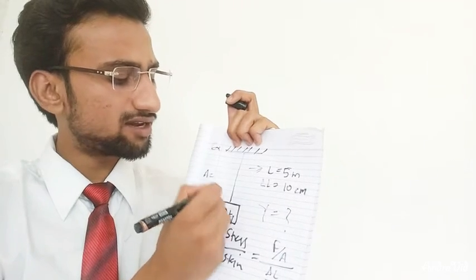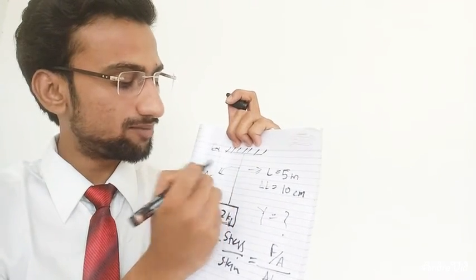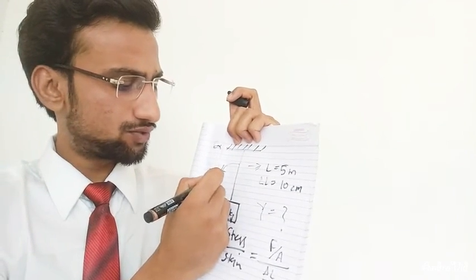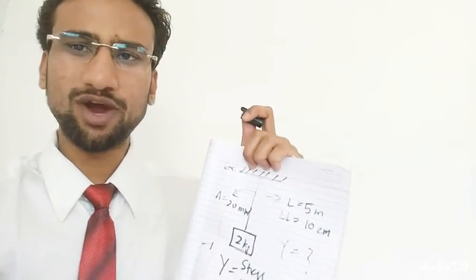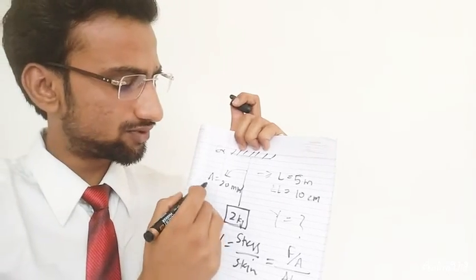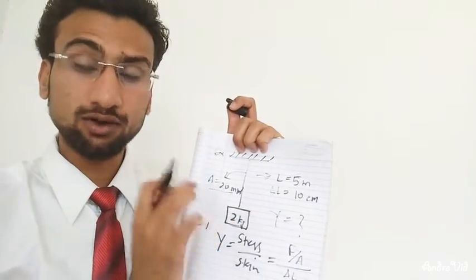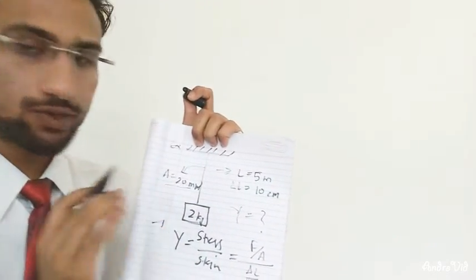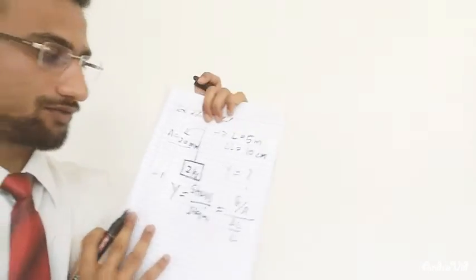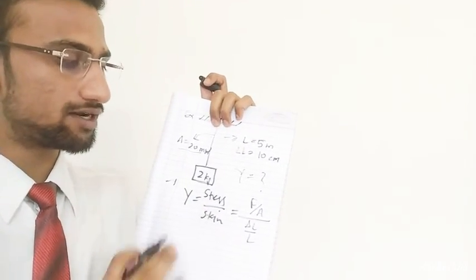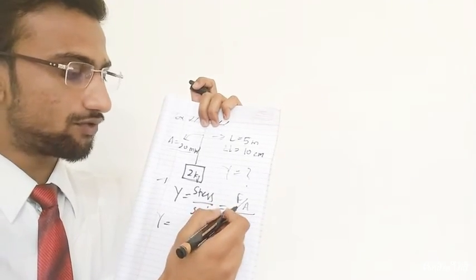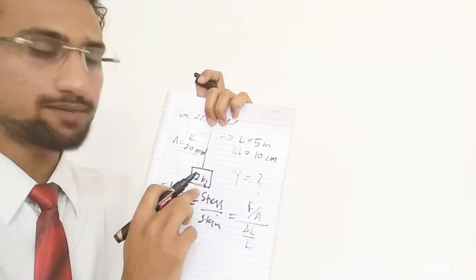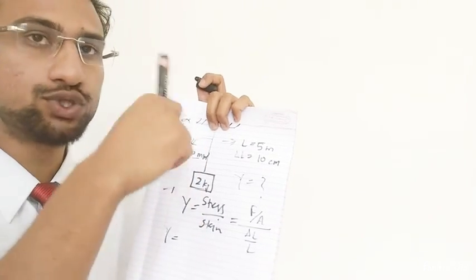Let's suppose that the area of cross section for this string is 20 mm square, which is quite close to a practical value. With these values I am going to calculate Young modulus for this string. For stress, the force is from the 2 kg block, which applies a force of 2g.